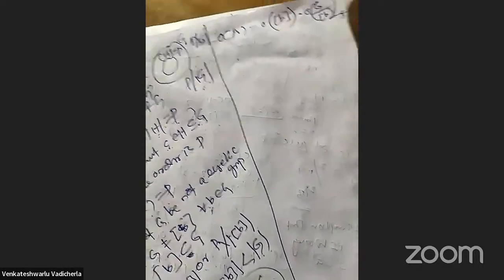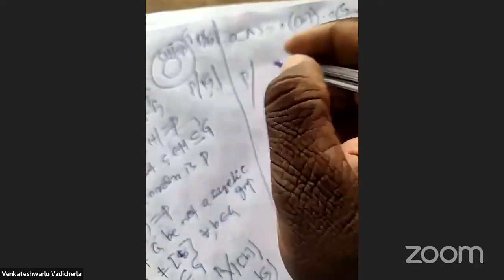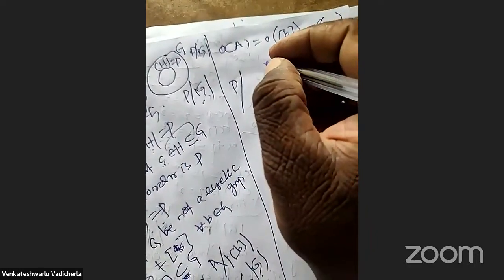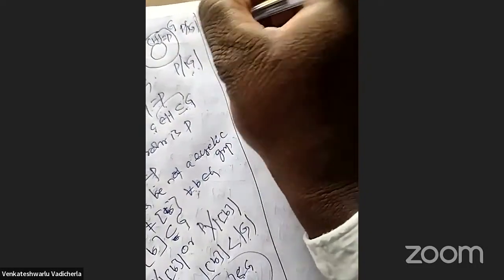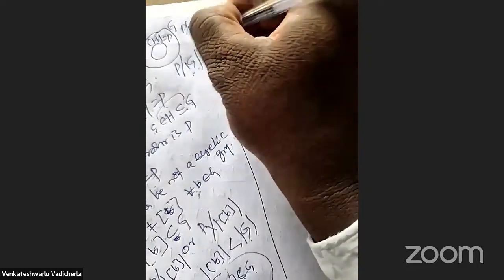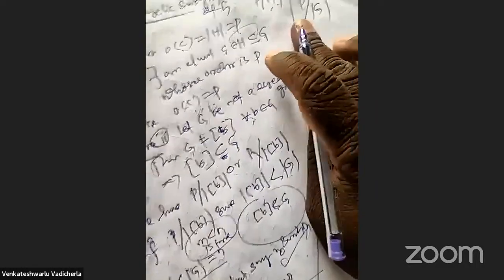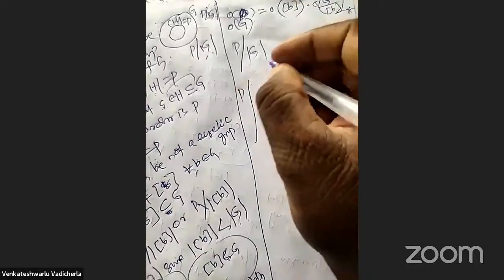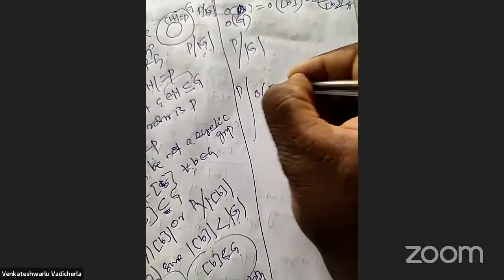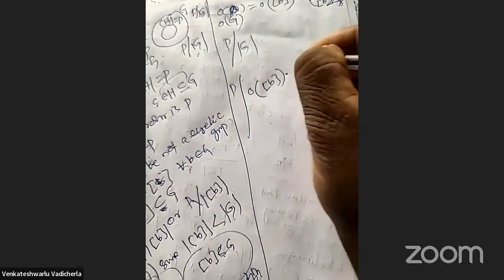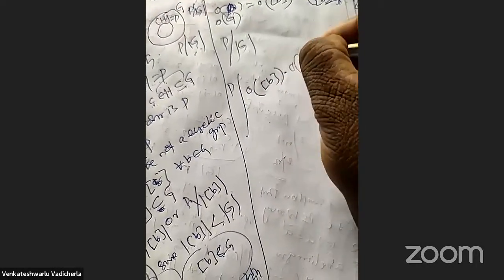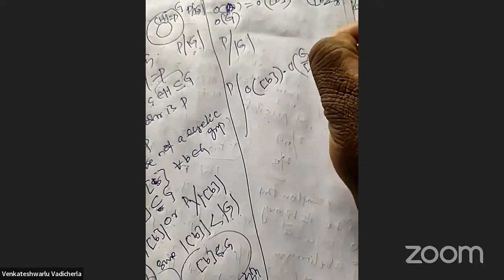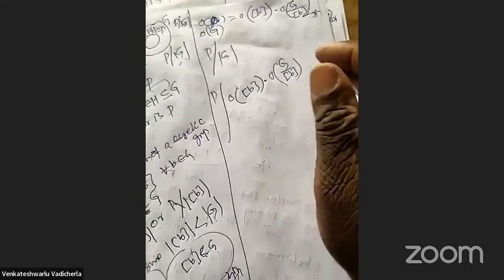So this is the situation. Suppose in the star equation, p is a prime number that divides the order of G. So p divides the order of G, which is equal to the order of the cyclic subgroup generated by b times the order of the quotient group G by the cyclic subgroup generated by b.